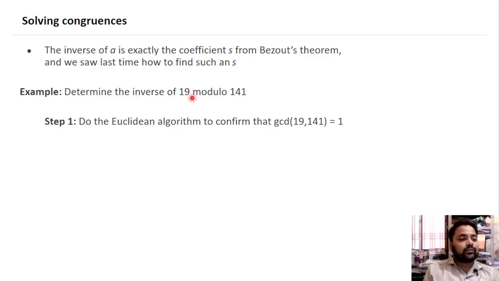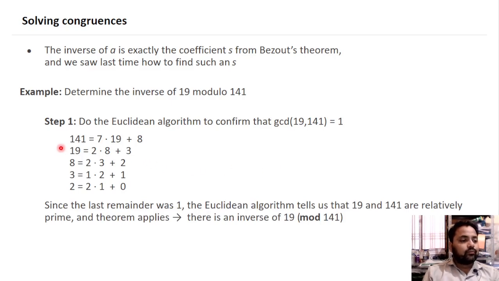Determine the inverse of 19 modulo 141. So by the division algorithm, the Euclidean algorithm, we confirm that GCD of 19 and 141 equals 1. Here 141 is equal to 7 into 19 plus 8.